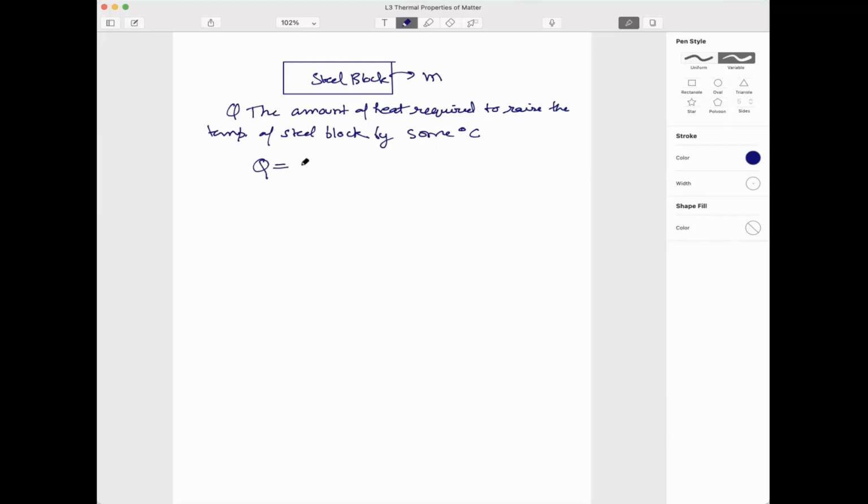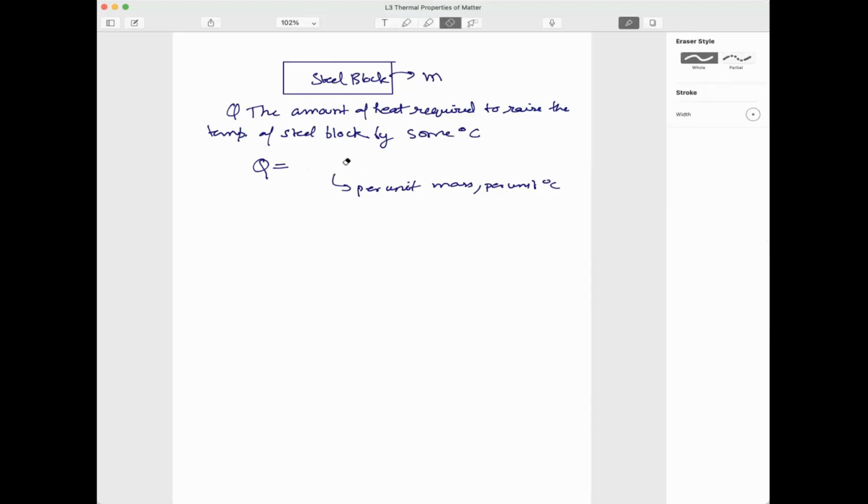That is nothing but mass into specific heat into delta T, because C is defined per unit mass and per unit degree centigrade. So we can also write this as M delta T into C, where C is the specific heat.